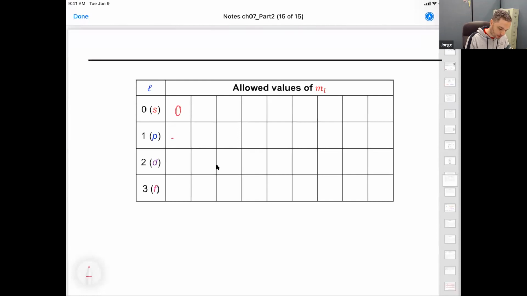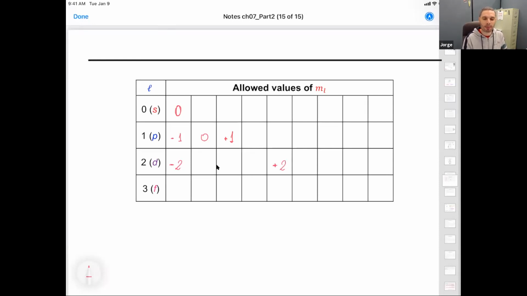For the p orbital, we already saw that's minus 1, 0, and plus 1. D orbital starts from minus 2. That's the minimum value possible, and goes all the way to plus 2, minus L to plus L, minus 2 to plus 2.